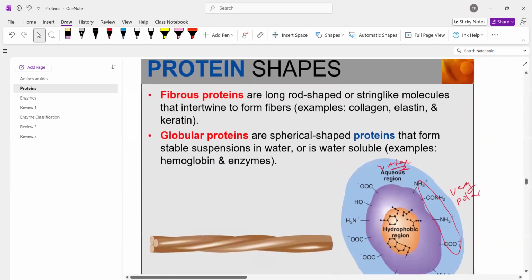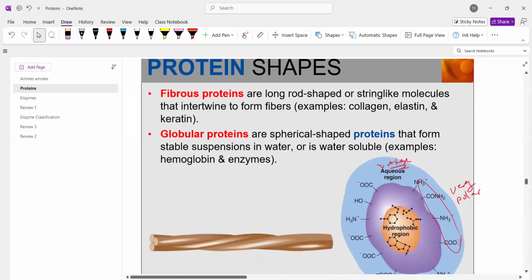Okay, there are two very, very, very generic protein shapes, fibrous and globular. Fibrous are long, string-like. You can think of examples like muscles, and they're the most stable.